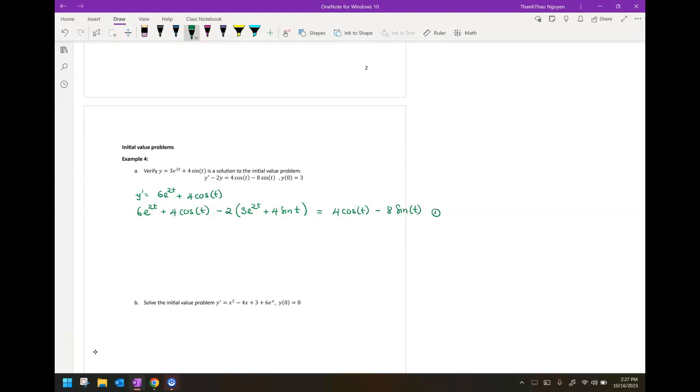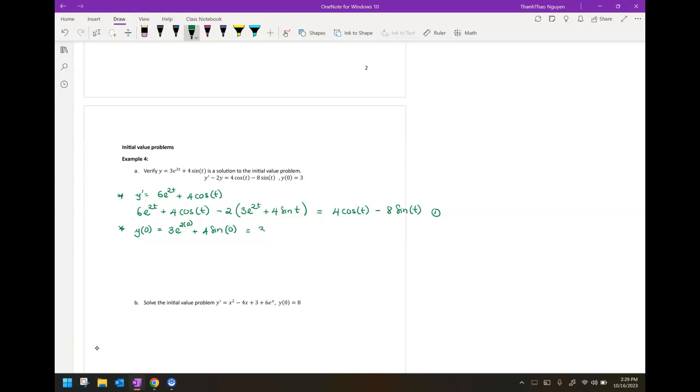Well, we told that the initial value here, that's y of 0 equal 3. So let's check. Well, y of 0 is equal to 3 times e to the 2 times 0 plus 4 sine of 0.